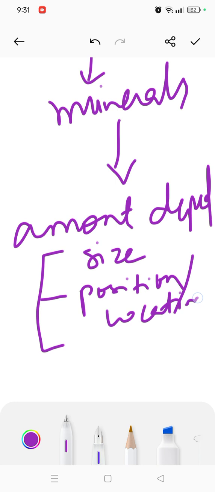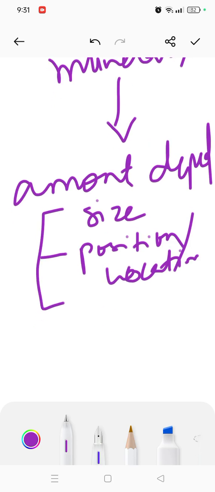Of course location really matters, because if they are at a place where there is less water, the condition would be different, like in a desert area where there is less water, less sunlight. So size, place, and lastly the medium.